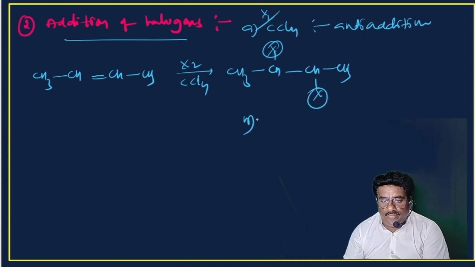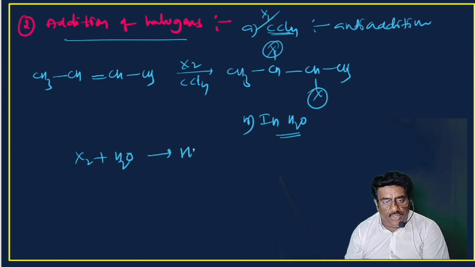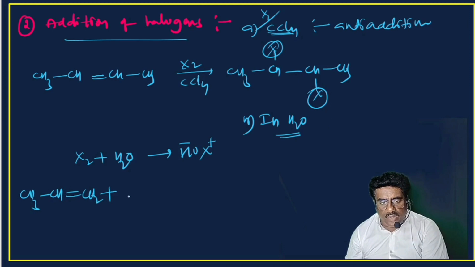The second one is in H2O. First one is carbon tetrachloride, second one is H2O. X2 plus H2O gives HOX, so X+ and OH-. I am writing one example: CH3CH=CH2 plus HOX, with OH- and X+.